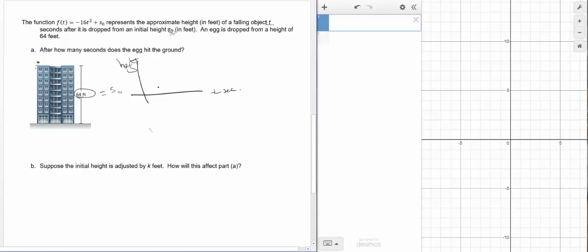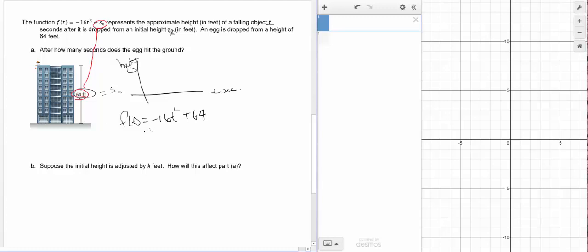So let's write down what the function is. We'll use Desmos to graph it, and we'll use that to answer this question. The only thing we really need to know is the initial height of the building, and we already figured that out. So a rule that represents this function would be f of t equals negative 16t squared plus 64 feet.